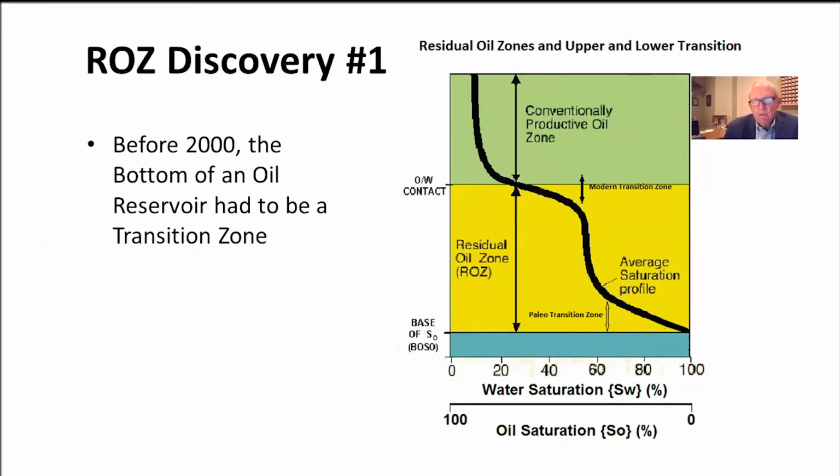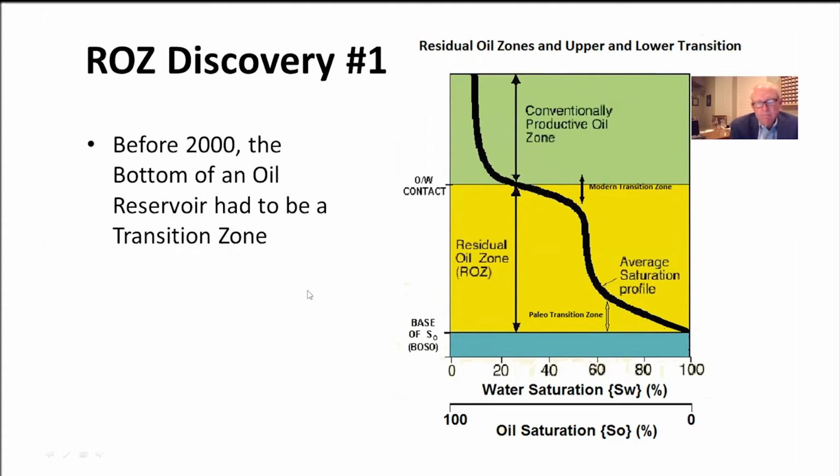This is the conventionally productive zone above the oil water contact in green there, with oil saturations generally ranging at about 85%. In other words, 15% of the fluids were water. And then we had the yellow zone, which in this case was pretty thick. Then we had what we called the paleo transition zone at the bottom, where it fell off to zero.